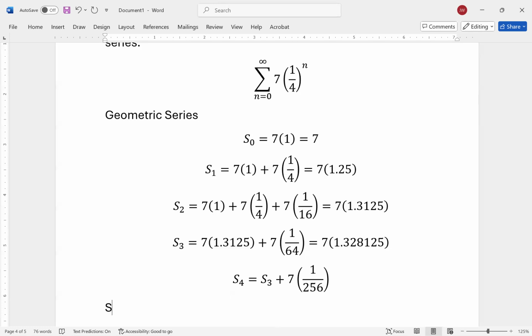And then S5 is going to be S4 plus 7 times 1 over 1024.